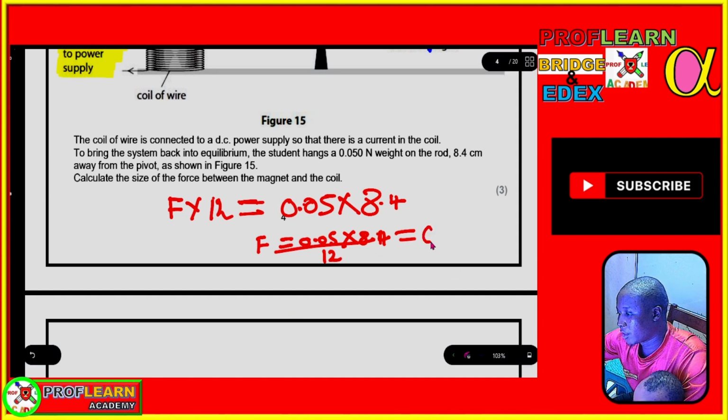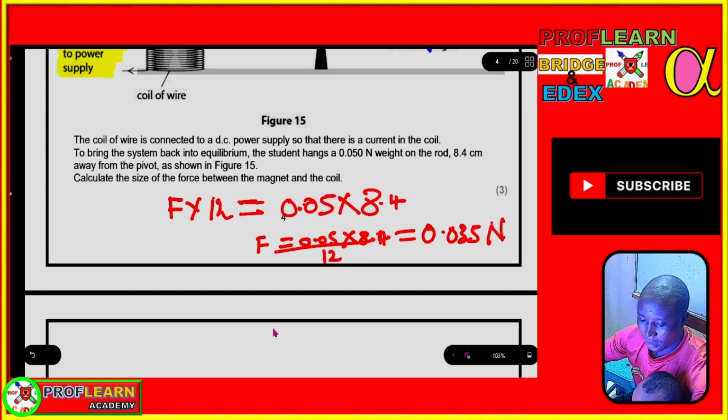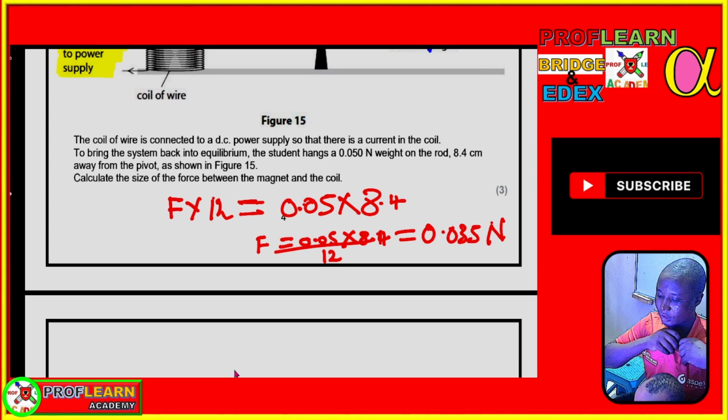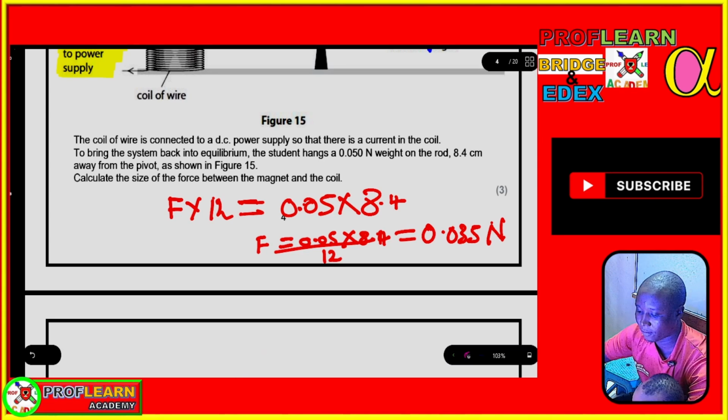So the force is 0.035 Newton in that case. So basically that's what we are going to do, so that we can get the answer in that particular part.